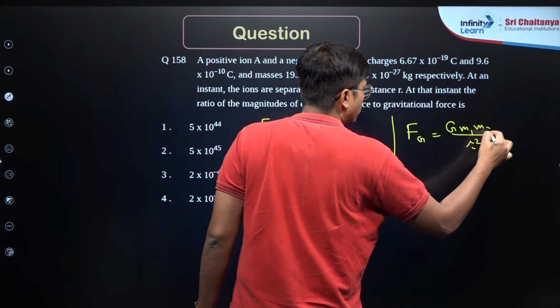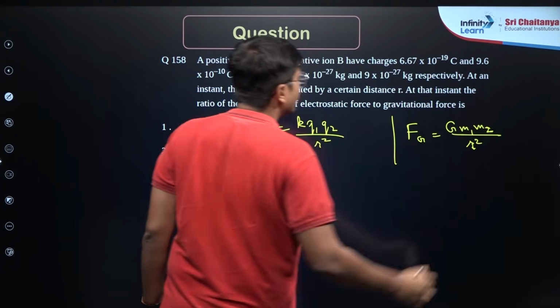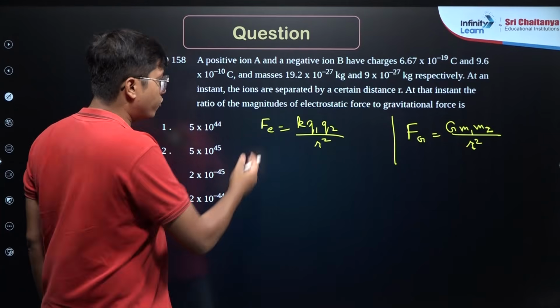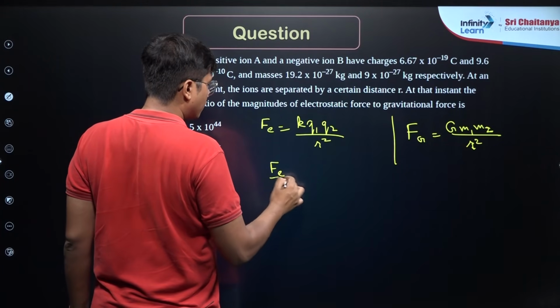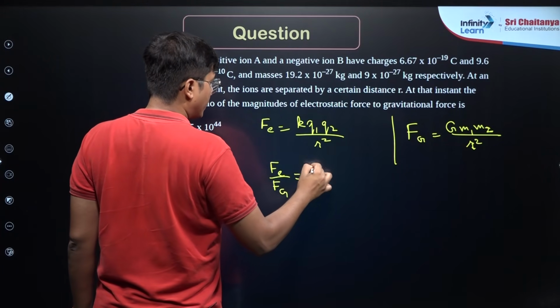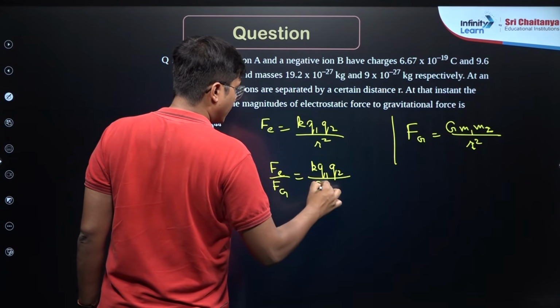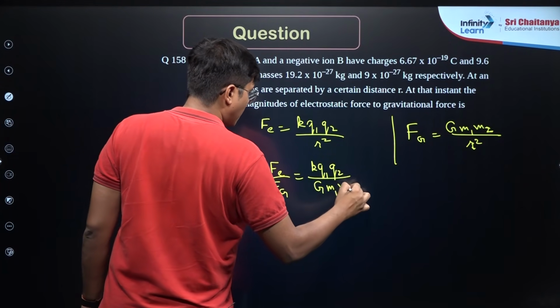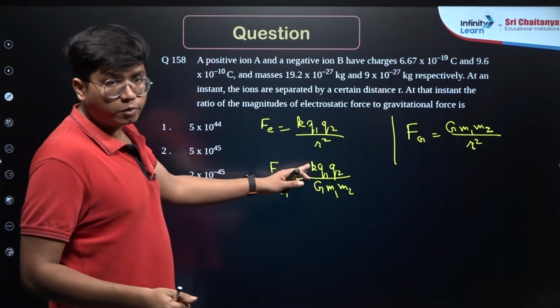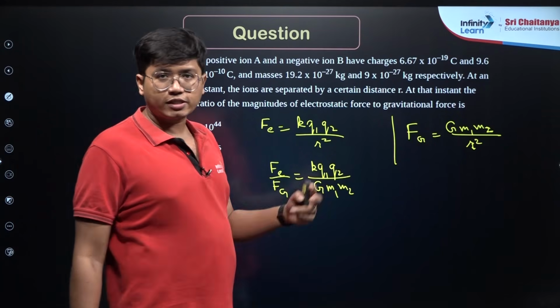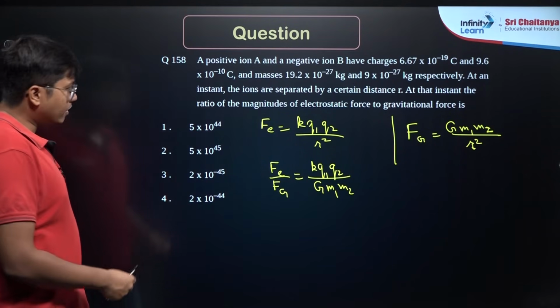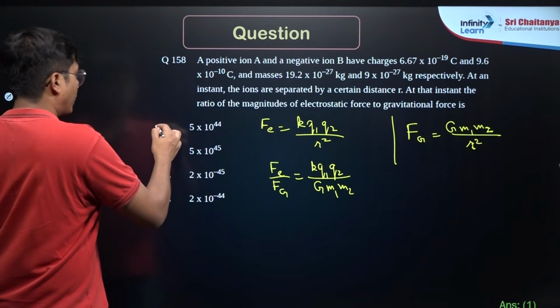They want the ratio of the electrostatic to the gravitational, I'm assuming. So if you just do Fe by Fg, you will get kq1q2 divided by Gm1m2. All the values are provided. K is 9 into 10 to the power 9, G is 6.67 into 10 to the power minus 11. Plug them in. It's option 1.